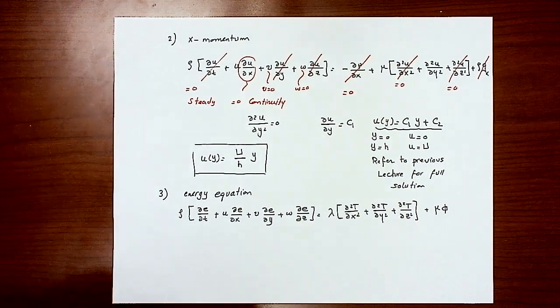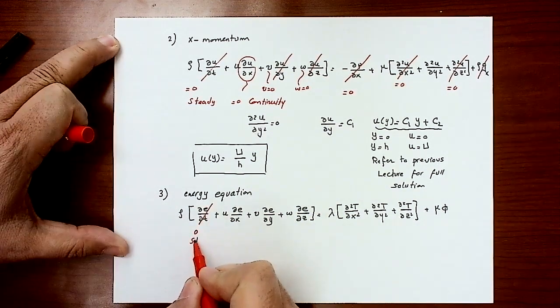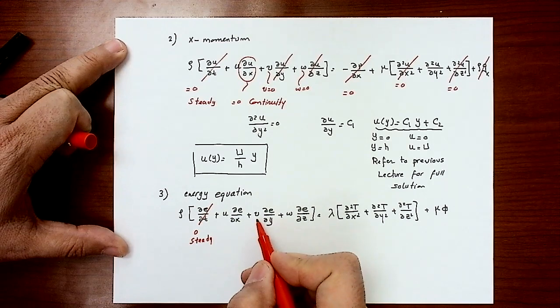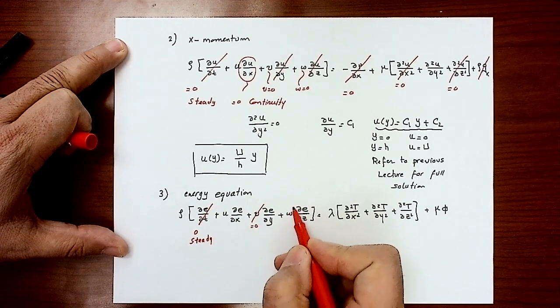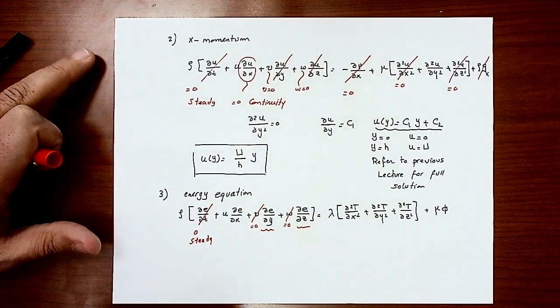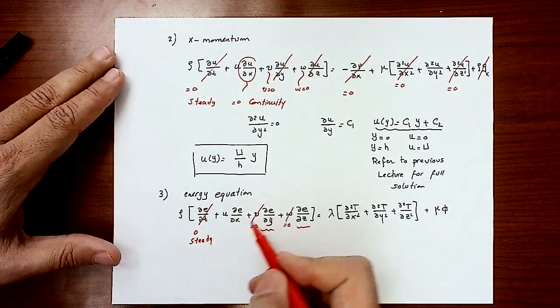Okay, now let's simplify the problem here. So this term is going to be 0 for steady flow, right? We know that it's steady. We know that v is 0, w is 0, which means that this term is fully 0 and this term is fully 0. But also we know that there is no energy change in the x direction.